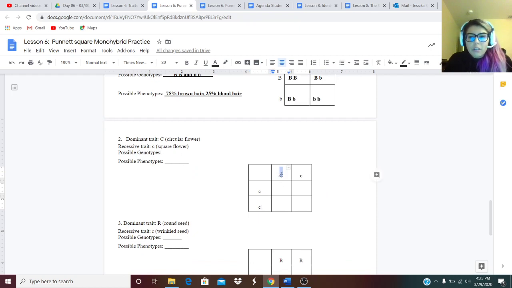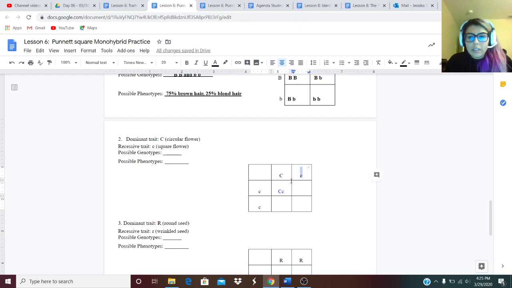So I'm going to cross this and this, okay? So in here, I'm going to do capital letters because they always go first. So I have a capital C and a little c, okay? I'm going to go ahead and cross this.